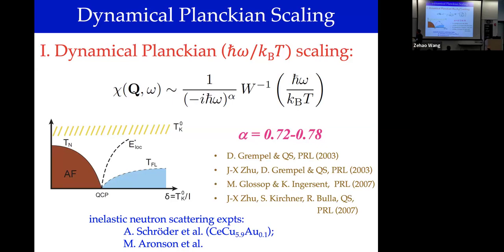And after extensive numerical calculation, we were able to get the exponent, which is fractional and compares reasonably well with experiments. So that was a large encouragement. There's some physics associated with this.